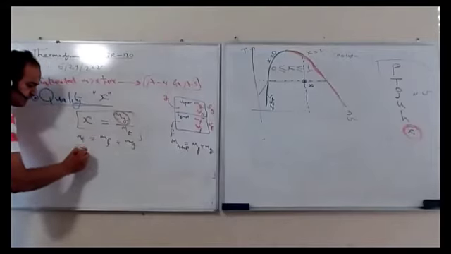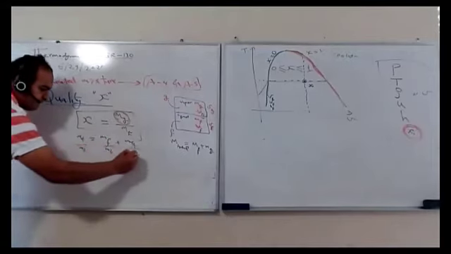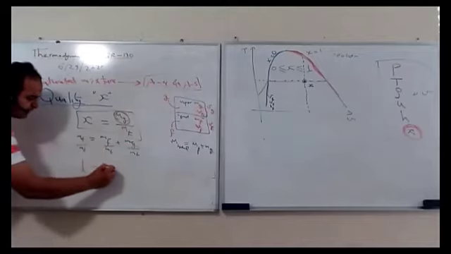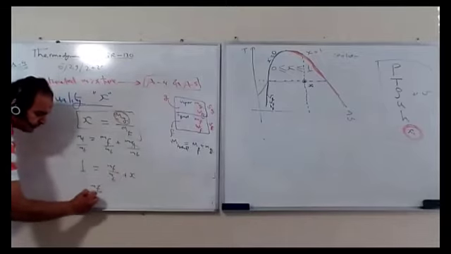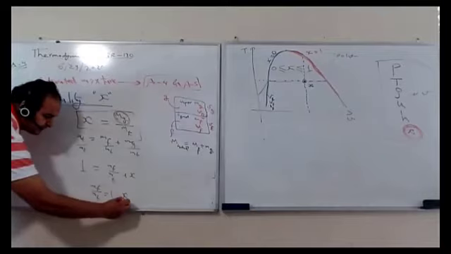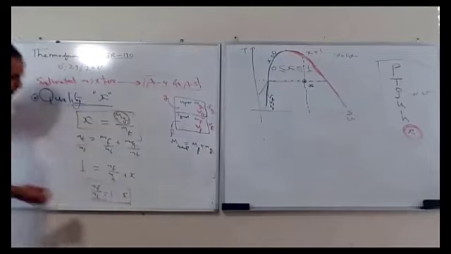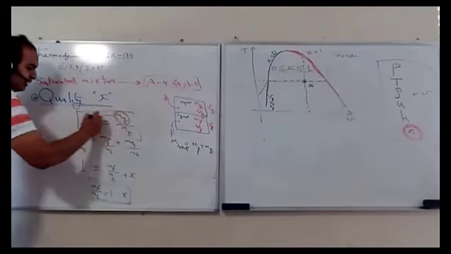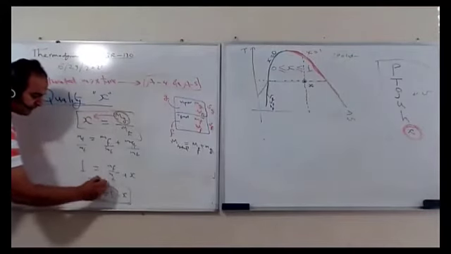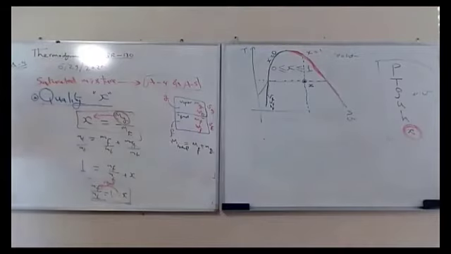Divide by m total: 1 equals mf over m total plus X, or mf over m total equals 1 minus X. That's very logical. Of course, if you have X vapor, you have 1 minus X liquid. This is kind of complementary. This is X, this is 1 minus X. The total is 1, which is m total over m total.